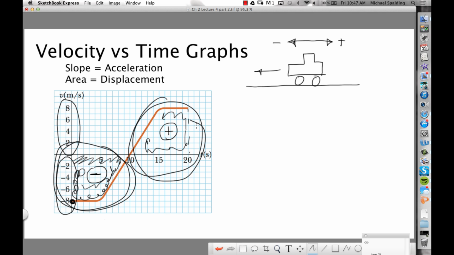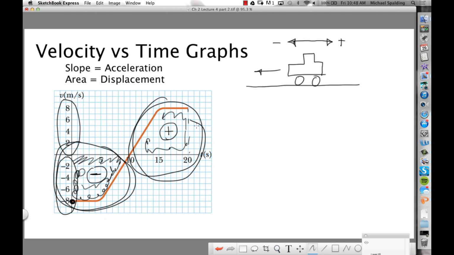Right? So look, I'm going to act this out for you. This way is negative, right? To the left is negative. So what does the object start by doing? Moving at a constant negative velocity, and then what happens at t equals 5? It begins to slow down, slower, slower, slower, and then what happens at t equals 10? Stops, then what? It starts coming back in the positive direction, right?